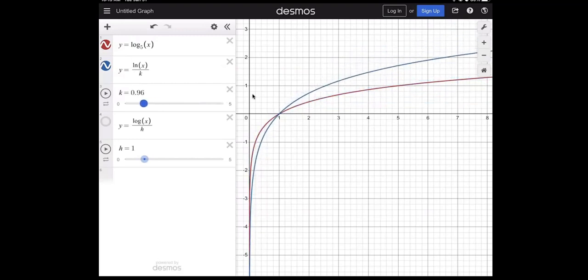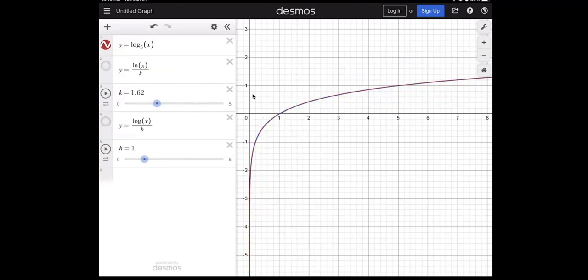And what we see here is if I can make k, see how they're the same? Oh my goodness, I've made them the same. And that's probably the value of the ln of 5 right there. So I can turn my ln graph into my log base 5 graph by just dividing by the perfect number.